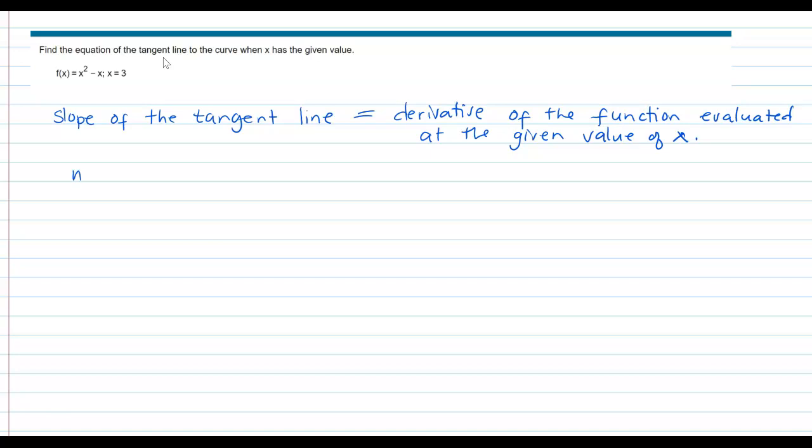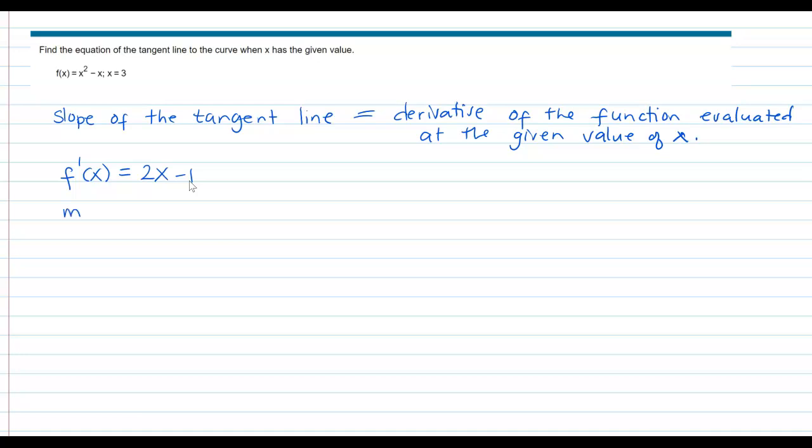So here, let's compute for the slope m. Okay, so first let's find the derivative. So f prime of x is just equal to 2x minus 1. So the derivative of x squared is 2x, and the derivative of x is negative 1.